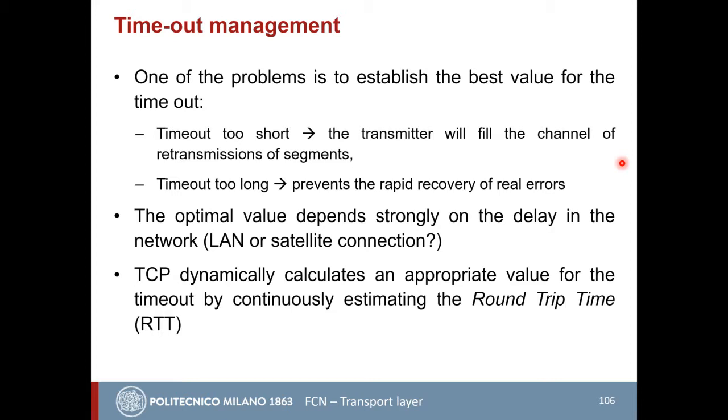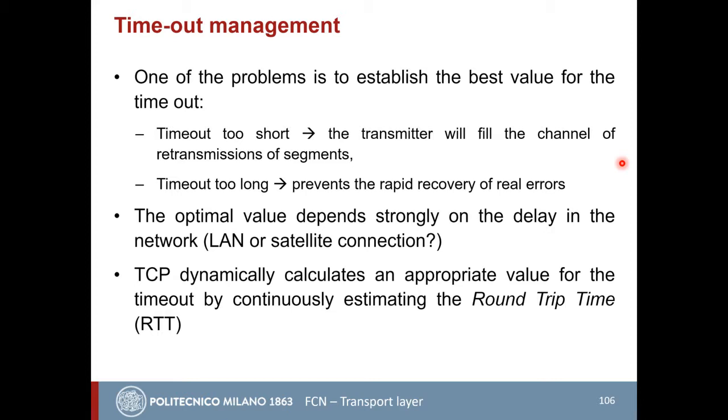And the best way to measure the round trip time is to send a segment, and then wait for the ACK and measure the interval between the time the segment was sent and the time that the ACK returns. Okay.